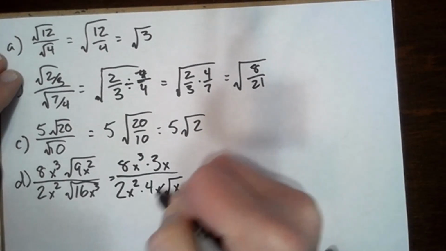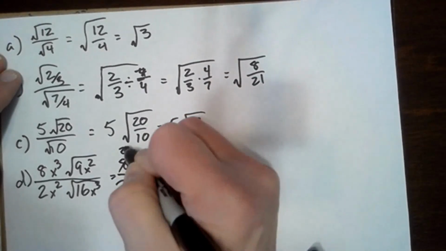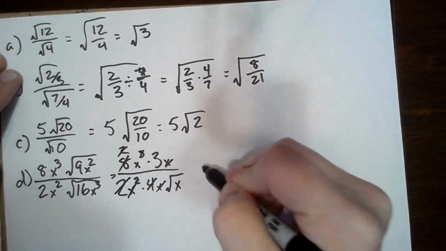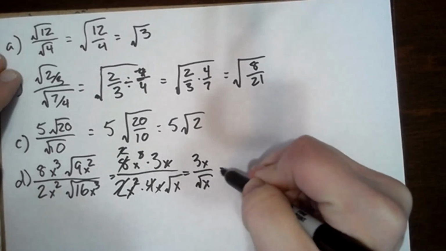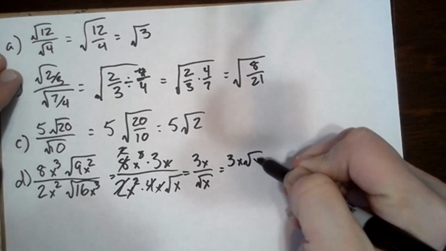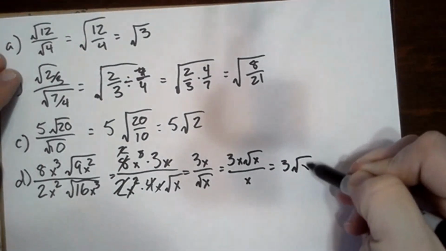Okay, so we can cancel some of this stuff. And we wind up with 3x over the square root of x, which is the same as 3x square root of x over x, which is 3 times the square root of x.